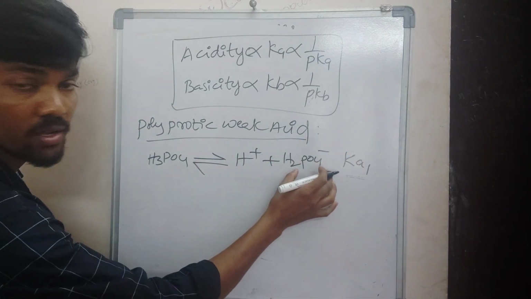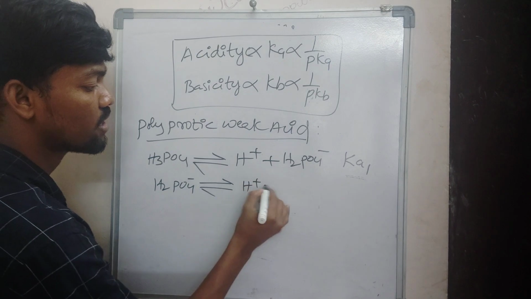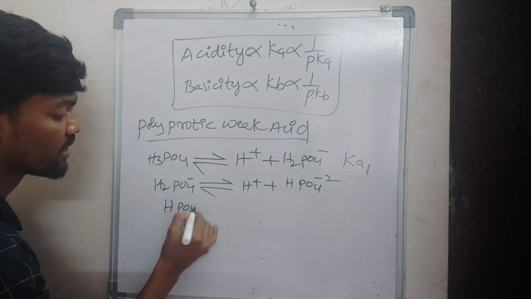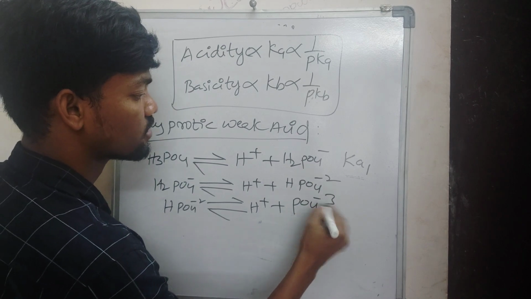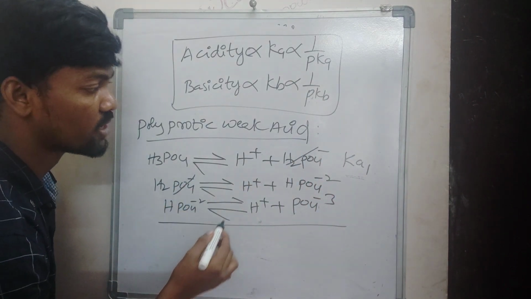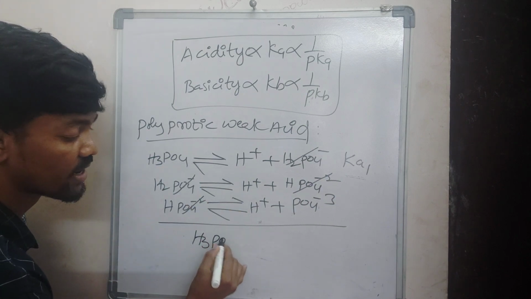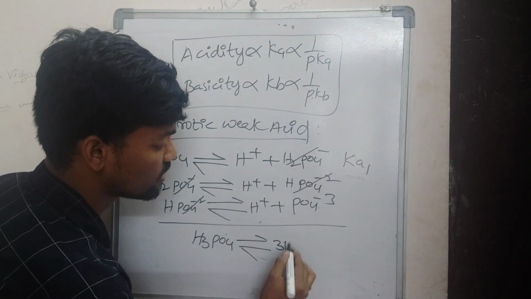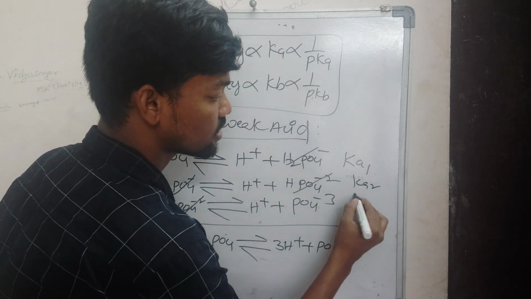Next, H2PO4 minus removes one more H plus and gives HPO4 2 minus. Then this is converted into PO4 3 minus by releasing another H plus ion. Overall, H3PO4 gives rise to 3 protons plus PO4 3 minus. So this is Ka1, this is Ka2, this is Ka3.